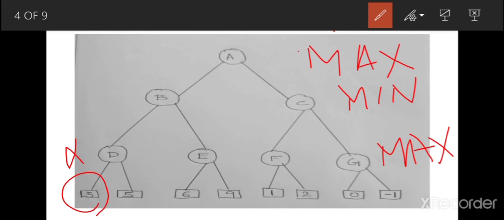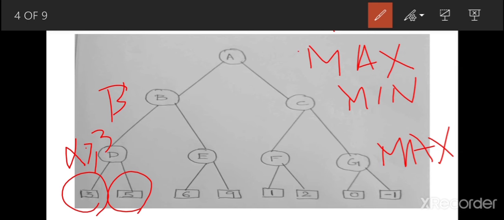Alpha is a parameter which is used in max and beta is a parameter which is used in min. Here the condition for alpha is that alpha should be greater than or equal to 3. Then it checks the next node, that is 5.